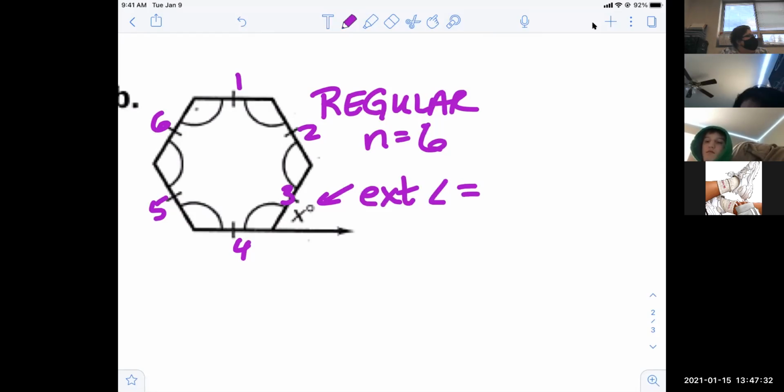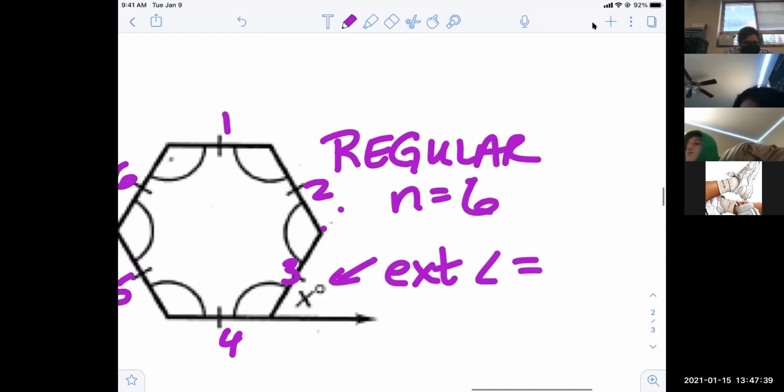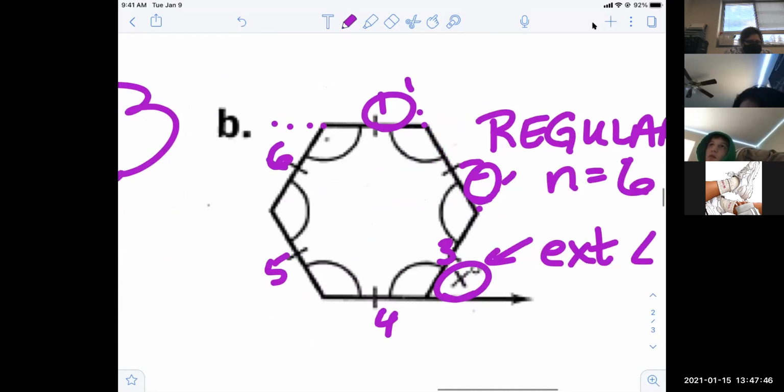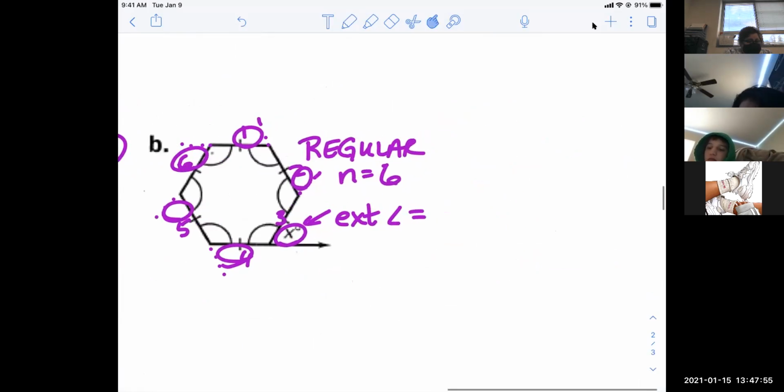How many exterior angles are there? You could do that at every vertex, right? There'd be one here, and one here, and one here, and one here, and one there. There's 6 exterior angles, and they're all congruent, right? That means that one exterior angle would be 360 divided by 6, or 60 degrees.